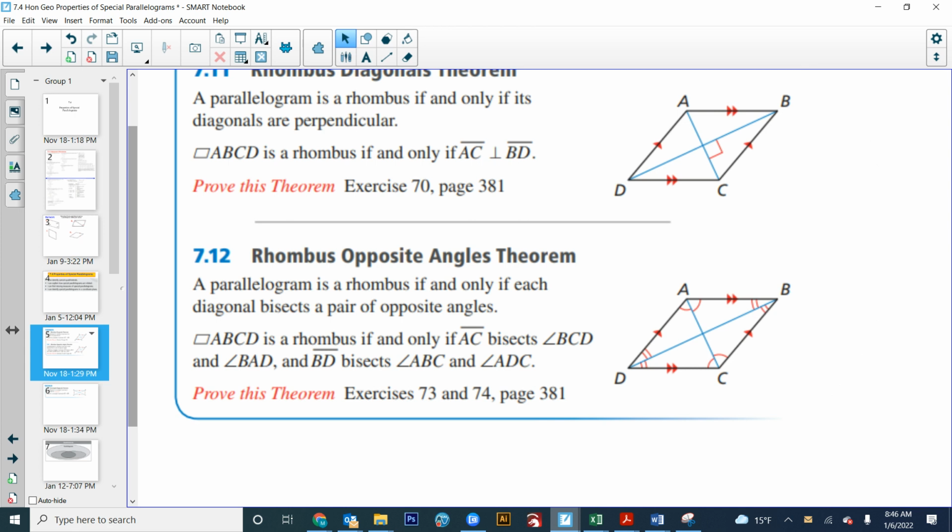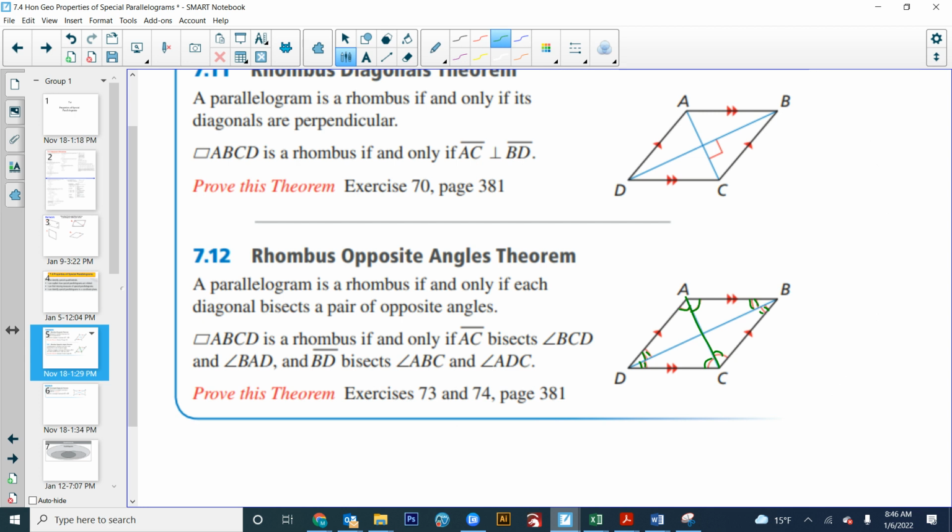This one says the diagonals bisect opposite angles. Do you see the diagonals cutting angle A in half and angle C in half, and then this diagonal cutting angle D in half and angle B in half? Yes?